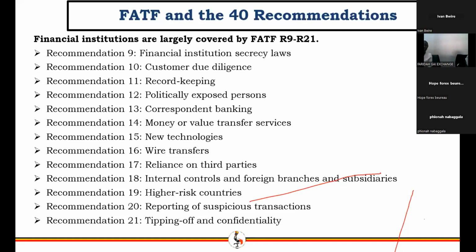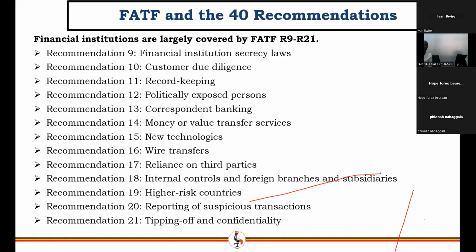This recommendation enlightens us on how to deal with high-risk jurisdictions, the enhanced due diligence measures that we're supposed to undertake when dealing with high-risk jurisdictions. For example, frequent monitoring of large or unusual transactions, such measures.